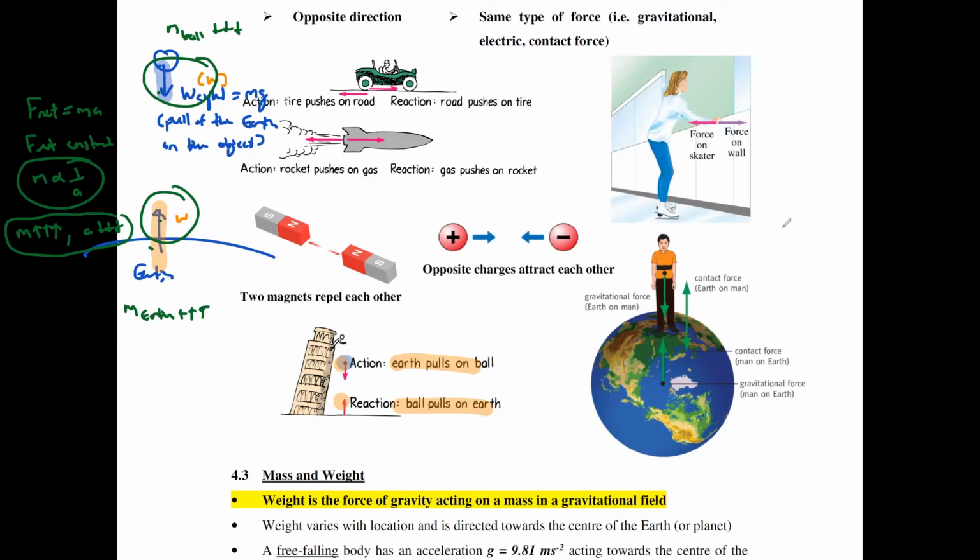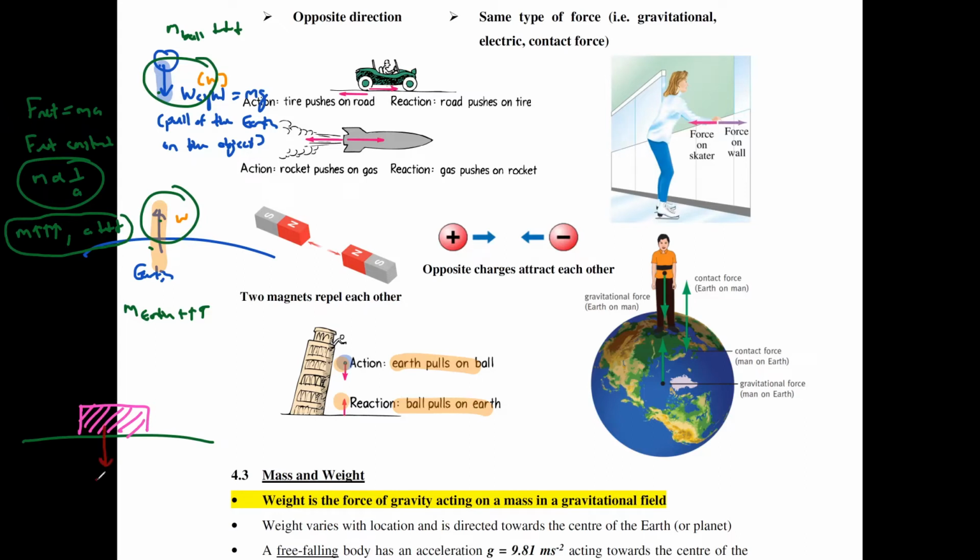Now I move on to something else. This is one common trick question that they like to ask you in your exams. If I have something like, maybe this is the ground, and there's a block right now. On the block are two forces.